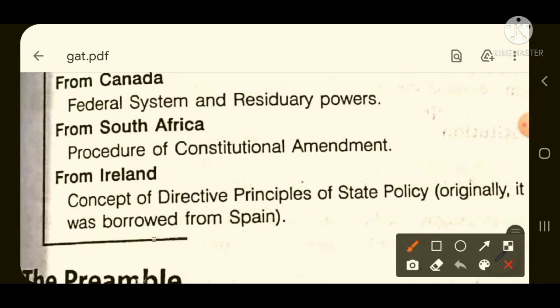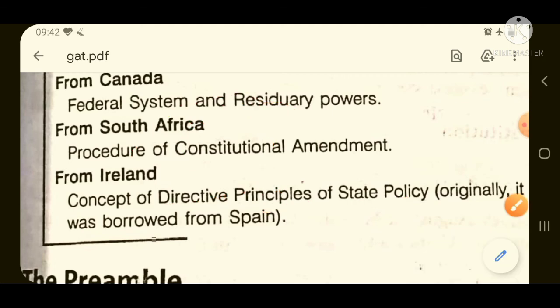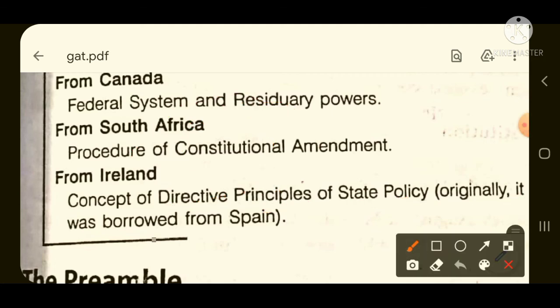So the Directive Principle of State Policy we have borrowed from the country of Ireland, and Ireland has borrowed it from Spain. This directive principle originated in Spain.